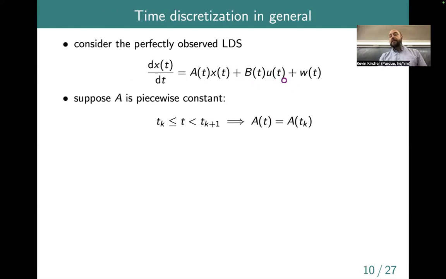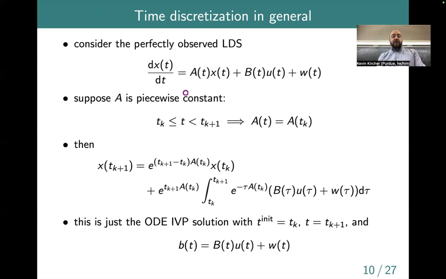And here we have expanded that vector b into matrix B times the action or the input that we have control over, plus some disturbance term w. So if we assume that this A is piecewise constant over any time step. If you're doing hourly time steps, you might allow A to change from one hour to the next, but within any hour, A is the same matrix, the same numbers.